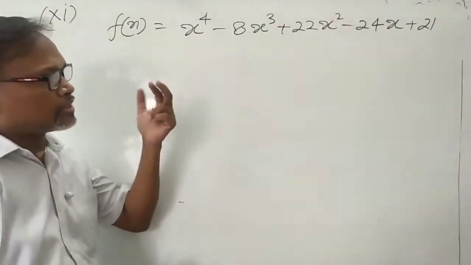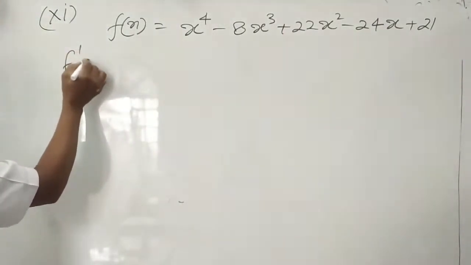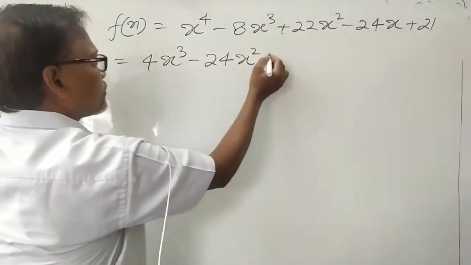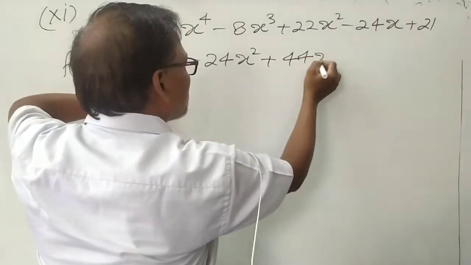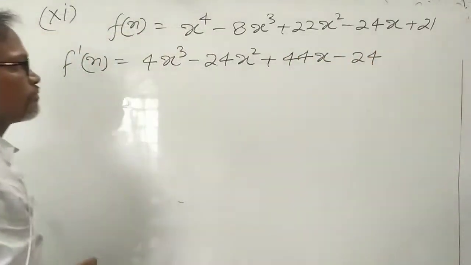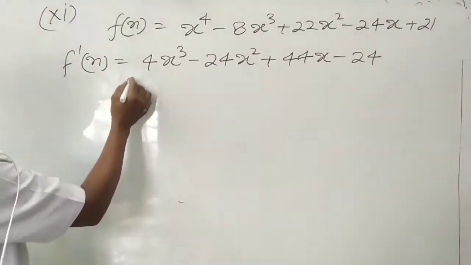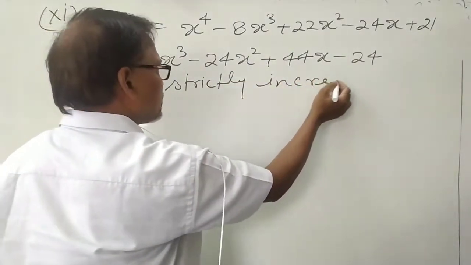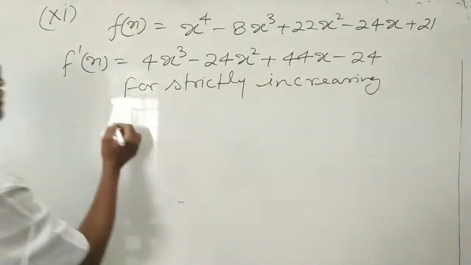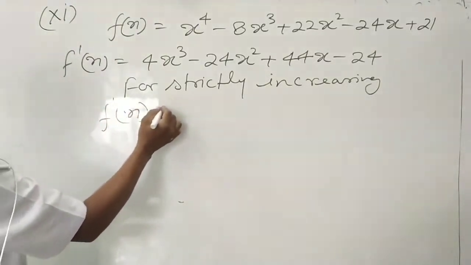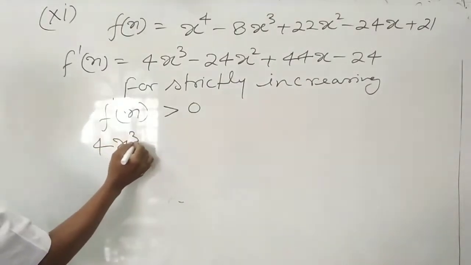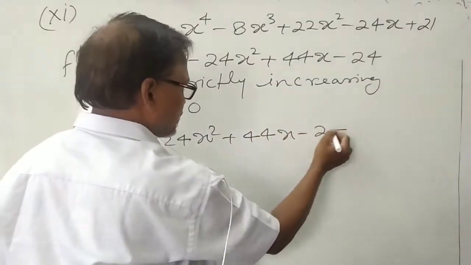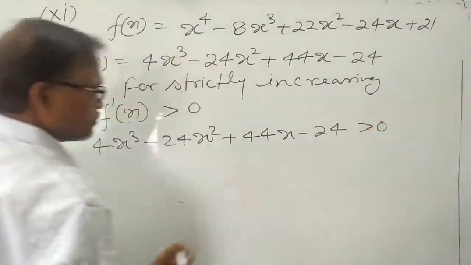It is polynomial, so it is continuous always. Find the differentiation of this. Then for strictly increasing, f dash x is greater than 0, so 4x cube minus 24x square plus 44x minus 24 is greater than 0.